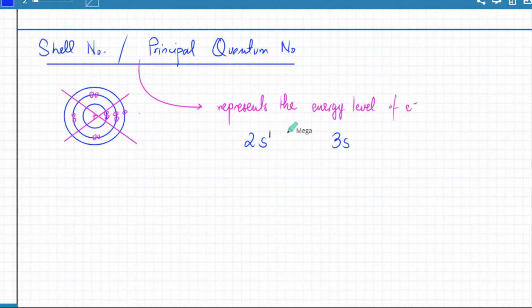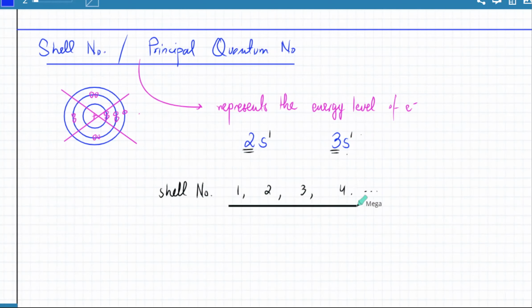So this 2 and this 3 is the shell number. So when the shell numbers or the principal quantum numbers increase, that means the energy level is increasing. So when they go from shell number 1 to 2, then 3, and 4, all that indicates is that the energy level of the electron is increasing, or the electron is becoming more energetic.